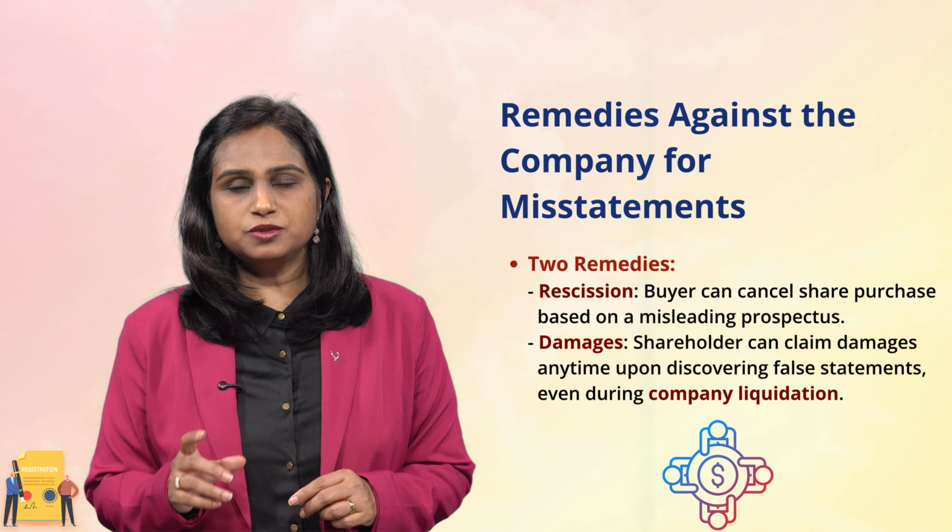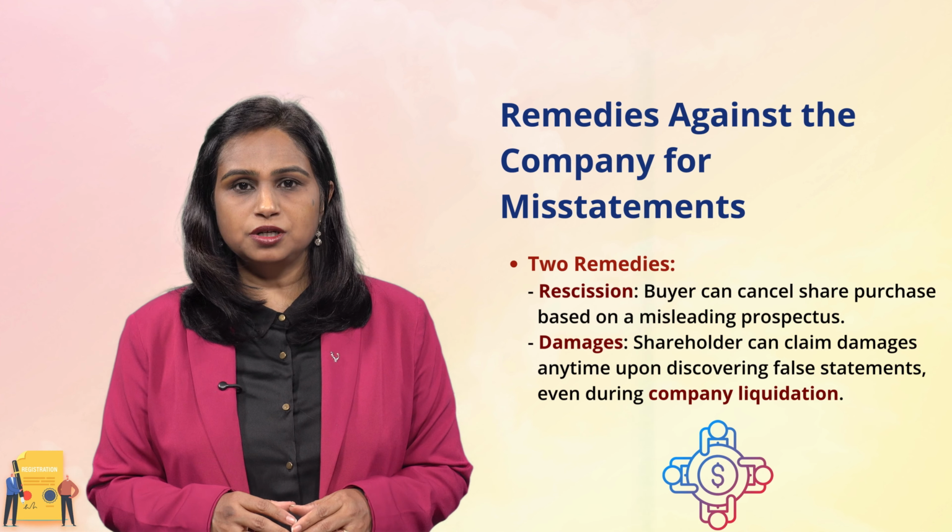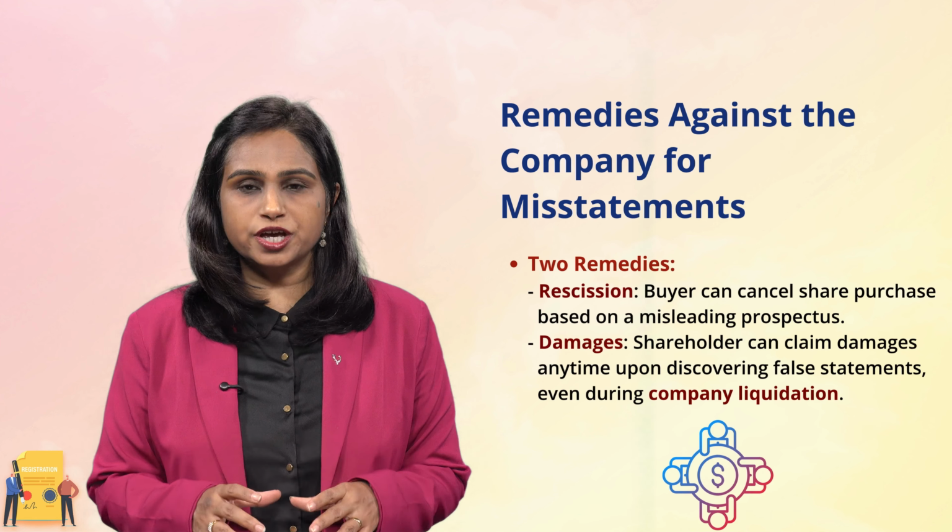The right to claim damages will be applicable to a shareholder anytime when he comes to know that there was a false statement in the prospectus. The interesting point here is, even after the company undergoes liquidation, this right to claim damages is available.